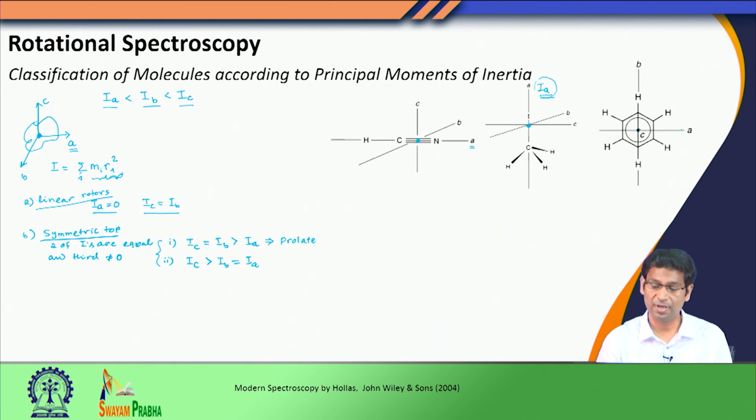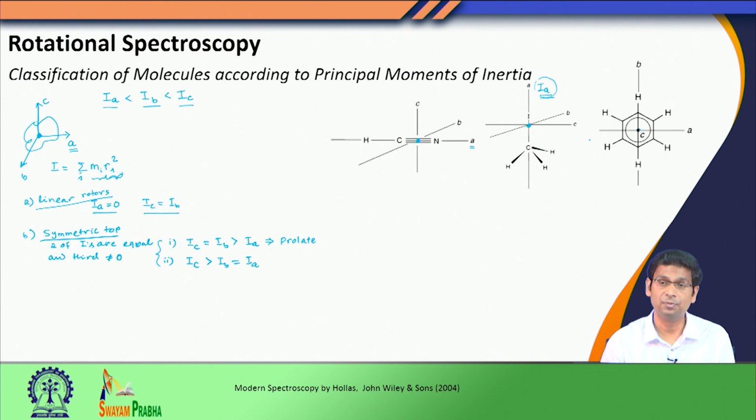Around the A axis, even if we do not see any particular atom present on the axis, when you do the distance calculation, you would see that the principal moment around B and the principal moment around A would be the same, because you can imagine that these hydrogens are farther from the B axis compared to the A axis. So, therefore, there will be some cancellation, and you would see that the principal moments of inertia around the A axis and B axis will be equal.